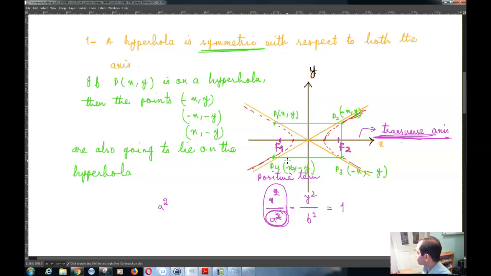We said that the length of the transverse axis was, I suppose, 2a. Let me go over here and check. I don't really remember.